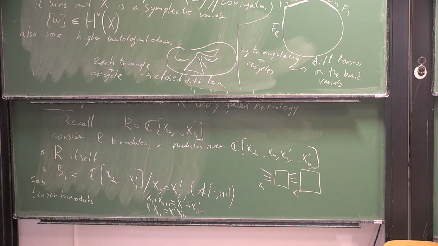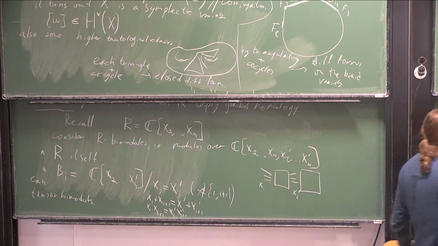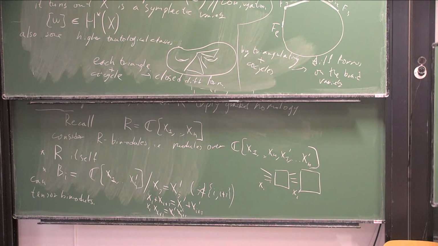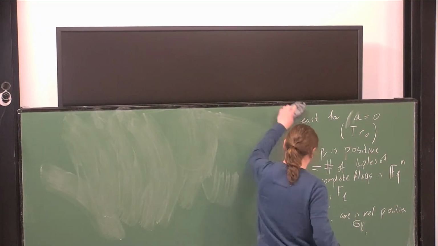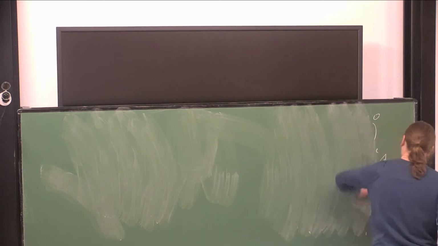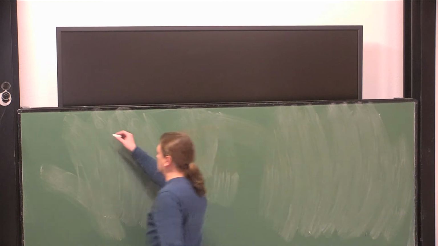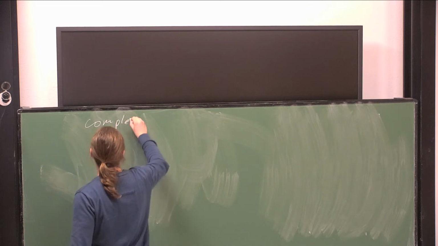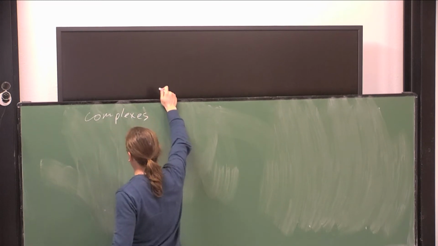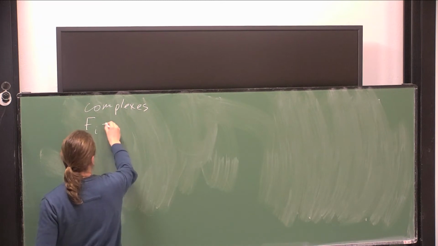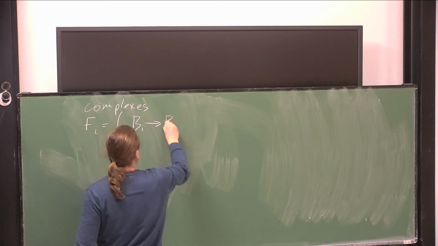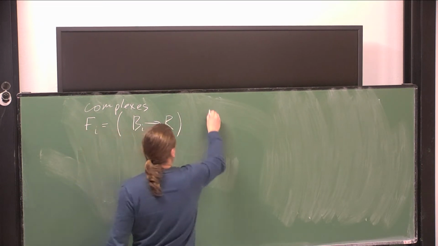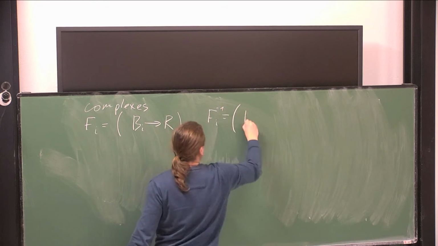Now, this is not the only thing you need to do. You have to also consider complexes. The important one is this 𝔰𝔩 complex, where you send B_i to R, and it turns out that there is an inverse.